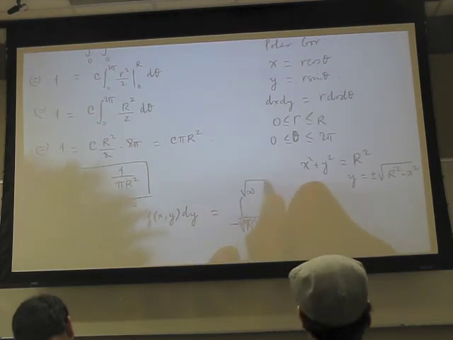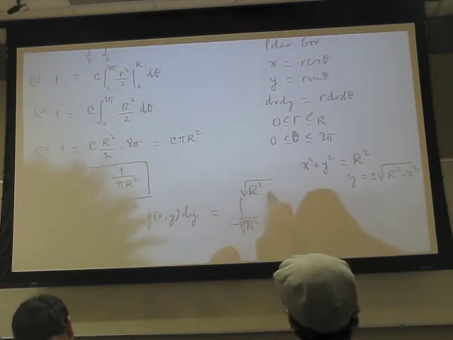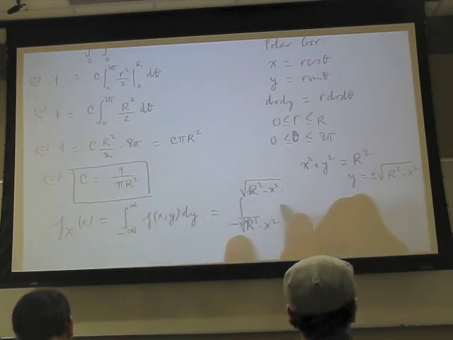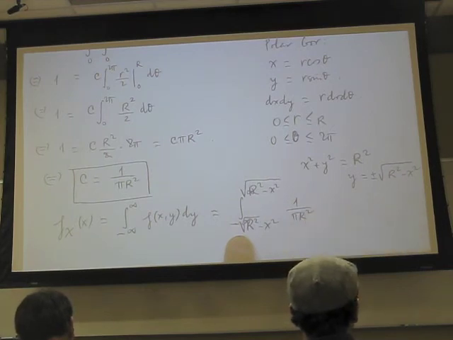And then the integrand is 1 over pi r squared, and this is dy. Just integrate that. Whatever you get. Can you see that?